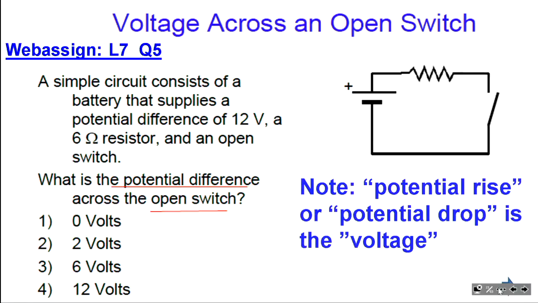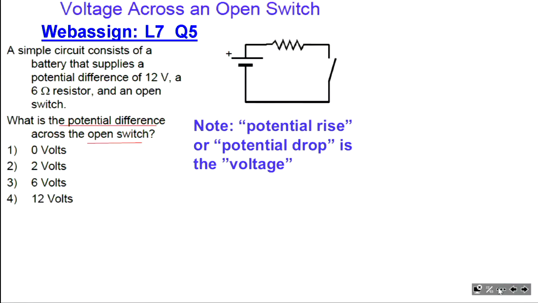Now, to reason through, you have to use the knowledge that a wire does not change potential. So electric potential here, we always set it to 0. We don't have to, it's just easier. So electric potential here will be equal to 12 volts.